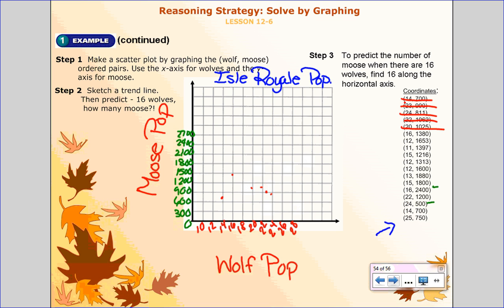Well, that might be a little bit high. It's a lot harder to do this on the smart board here. All right, 12 and 1,653. 11 and 1,397. 15 and 1,216.